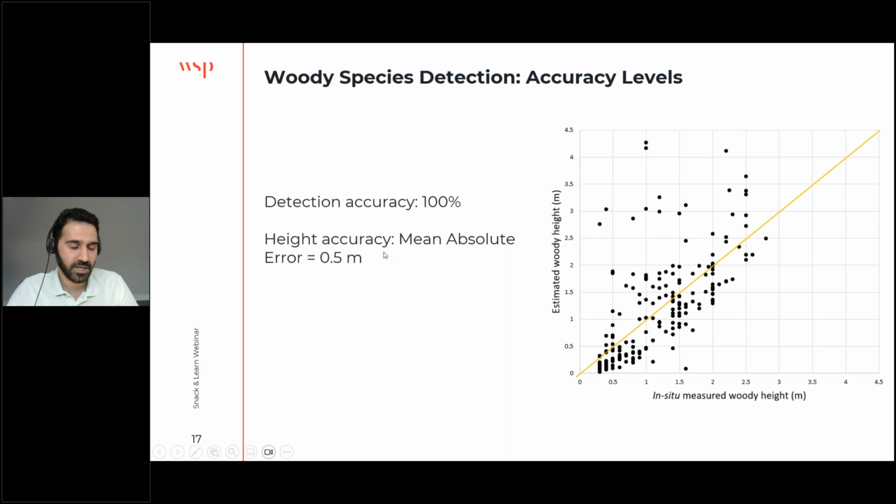And the height estimation accuracy was about half a meter. Half a meter, I think, is a little bit lower for some of the regulations. So I believe we could do something to get at least 30 centimeter accuracy for height estimation.